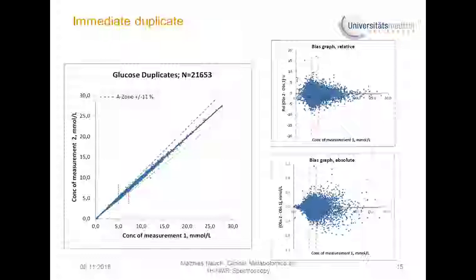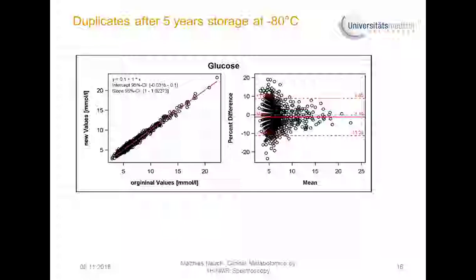On the x-axis is the first value, and on the y-axis is the second value, and the time between these measurements is just minutes. So we can say that we immediately measured the duplicates, and here you see the results are not identical, but they are really close to each other, so the analytical way itself is quite precise and accurate.